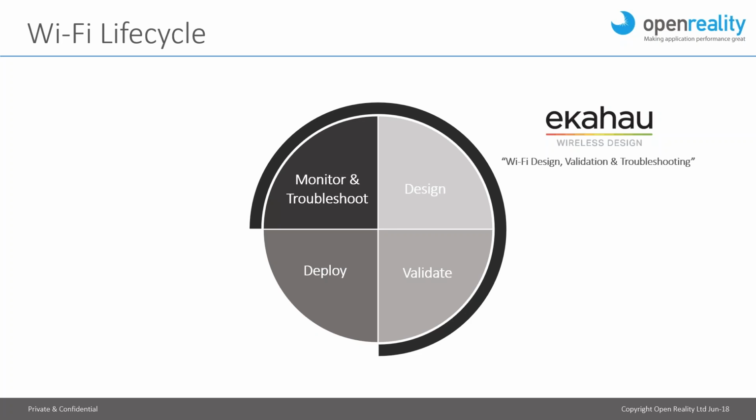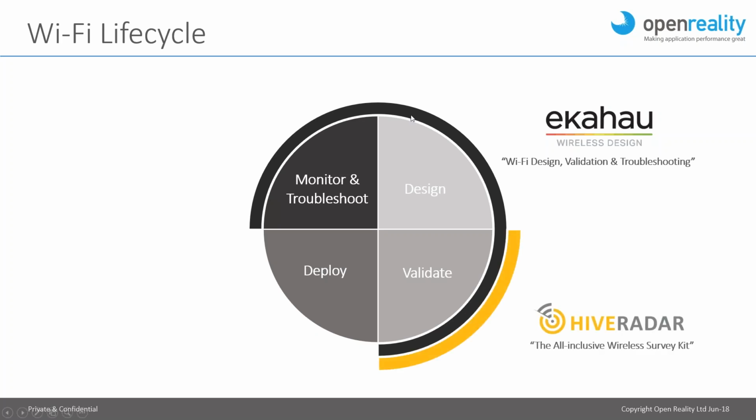Right through from getting an initial floor plan of a site, understanding the physical environment, the devices you're working with, your APs, and the applications that will be used on the network, and taking all that into account to design a network that meets your criteria, either based on your internal KPIs or those set by your customer. It also allows you to do all of your troubleshooting, monitoring and validation post-deployment as well. So it's a pretty well-rounded tool set.